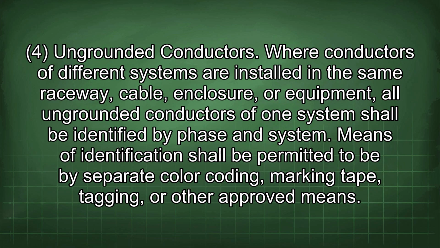Ungrounded conductors. Where conductors of different systems are installed in the same raceway, cable, enclosure, or equipment, all ungrounded conductors of one system shall be identified by phase and system. Means of identification shall be permitted to be by separate color coding, marking tape, tagging, or other approved means.